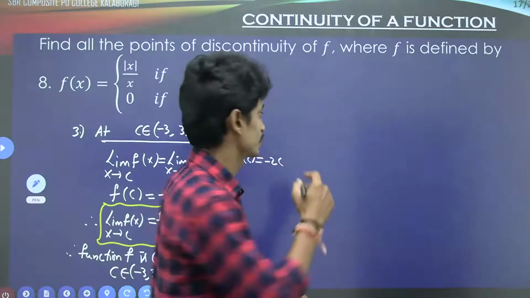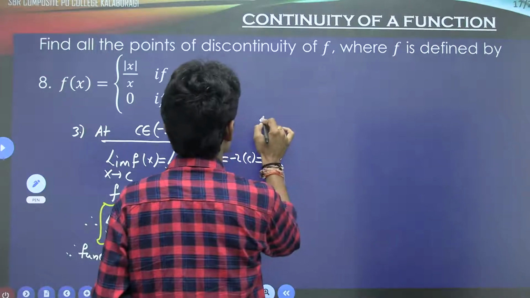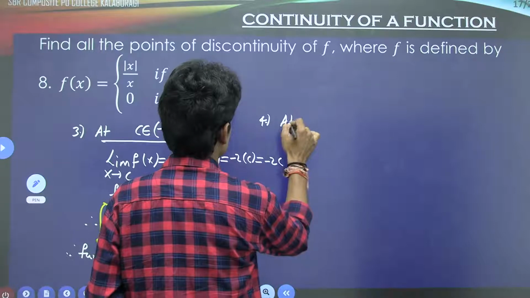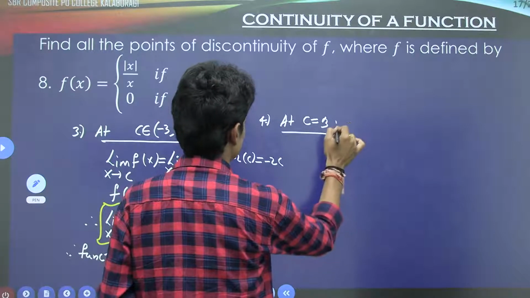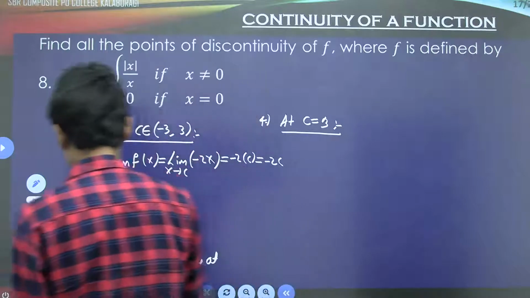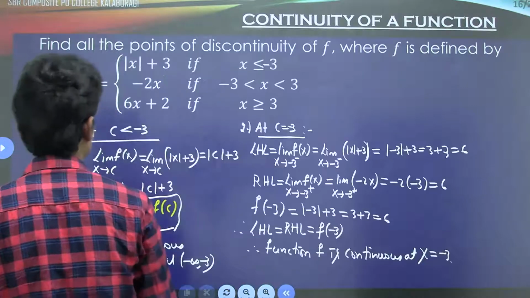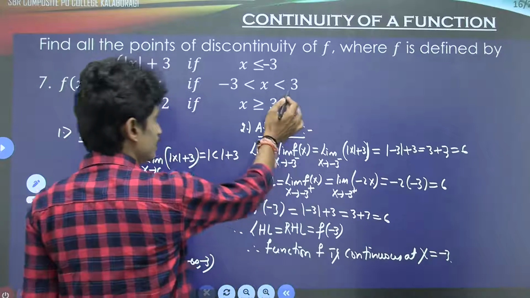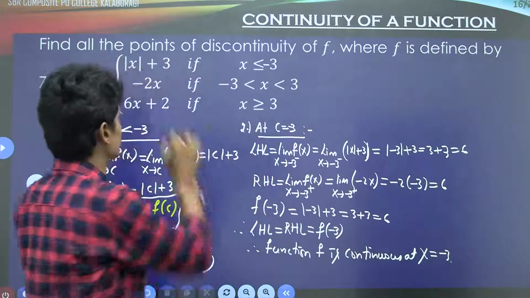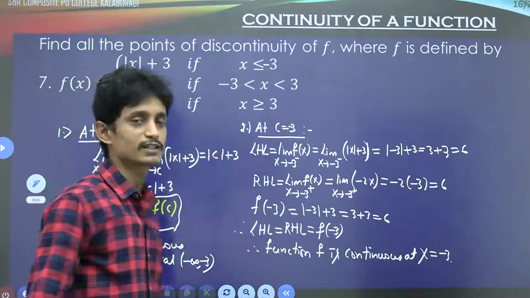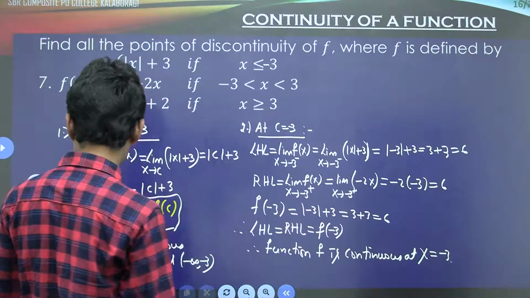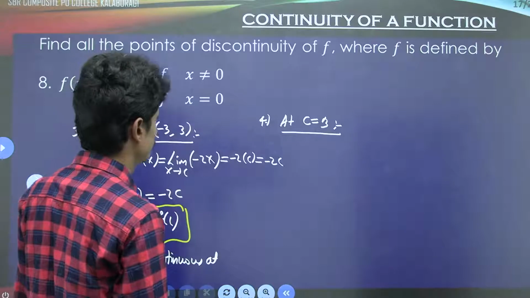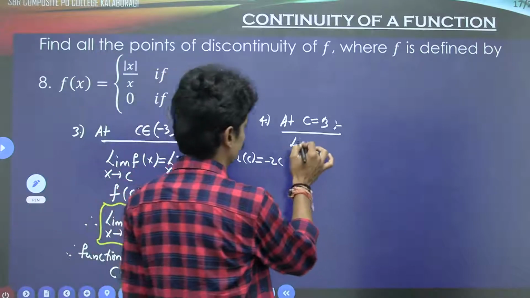Okay. Next case, case number 4, that is the fourth one. At c is equal to 3. Just look at the question: in the left deleted neighborhood of 3, you have one relation, and in the right deleted neighborhood of 3, you have another relation. So in this case, compulsorily we must find the left limit as well as the right limit.